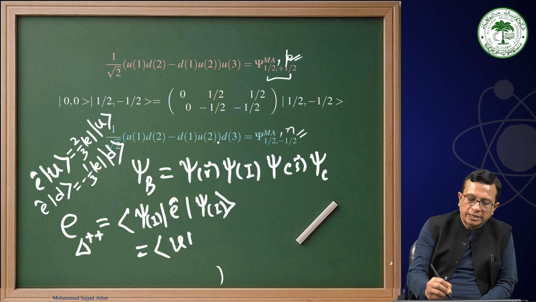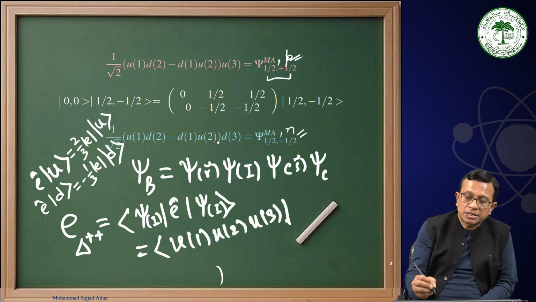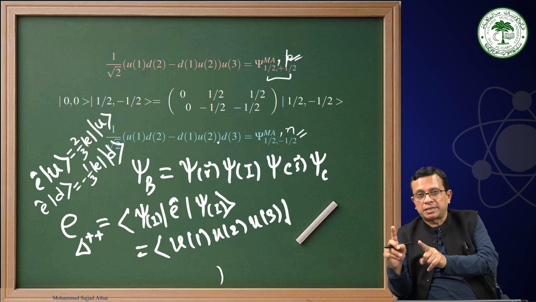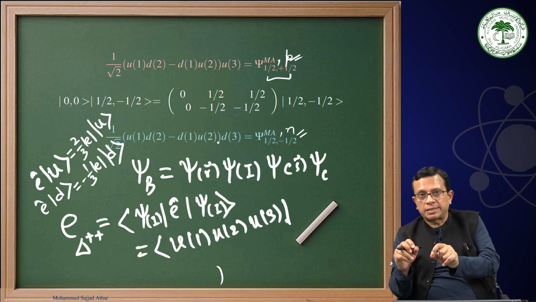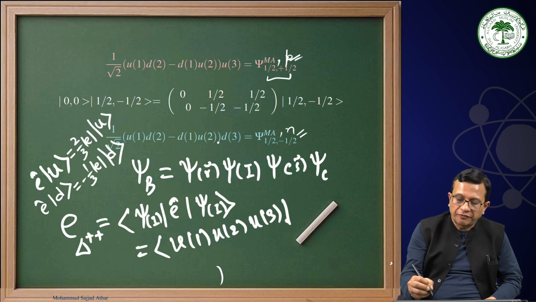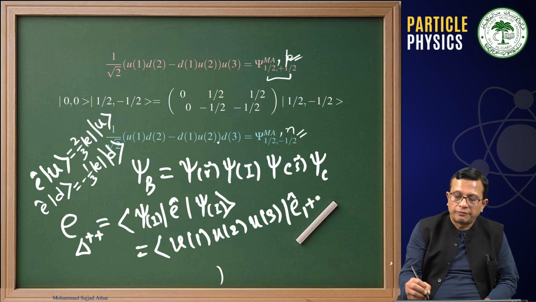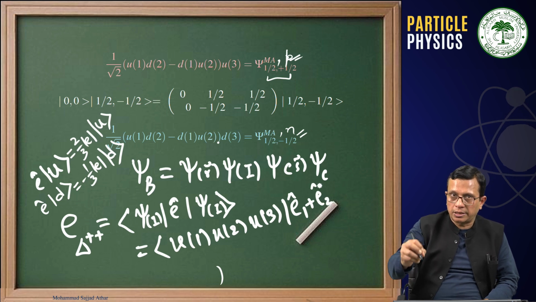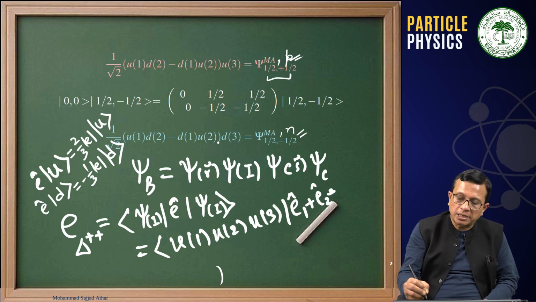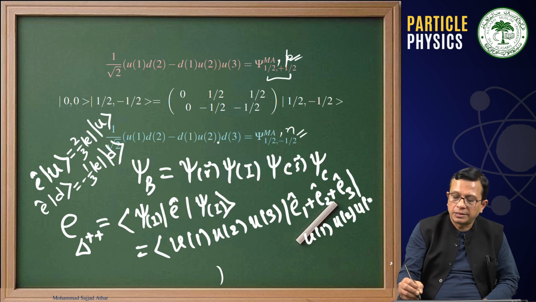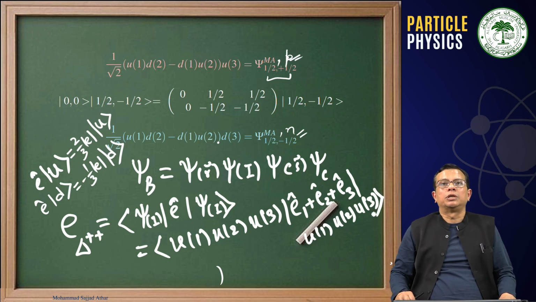You recall that for delta plus plus it is u1, u2, u3. Now you see there are 3 states where these quarks are living. Therefore, we write the charge operator 1 operating on state 1, charge operator 2 operating on state 2, charge operator 3 operating on state 3. Then we have u1, u2, u3.